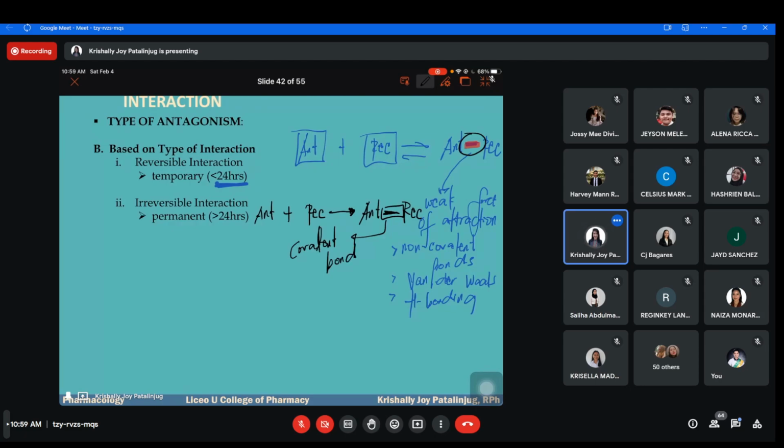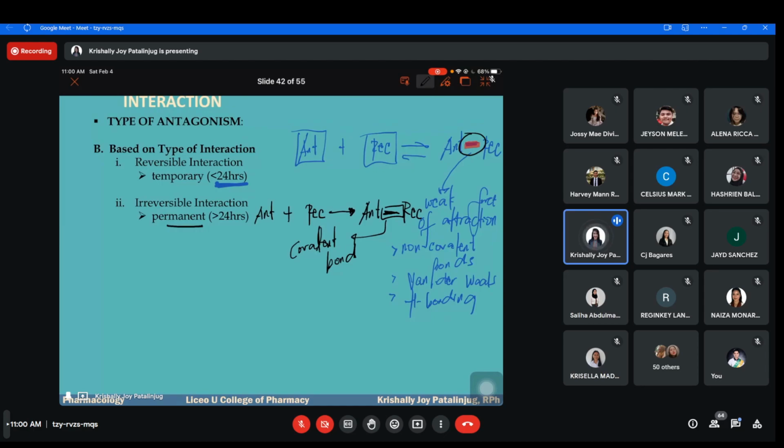Okay, so meaning to say, irreversible interaction if the antagonist is covalently bonded to the receptor. Kapag covalent bond yung nagko-connect, then somehow longer yung interaction nila with each other. Kaya pwede nating masabing permanent yung effect. Permanent effect. Okay? Pero hindi siya permanent na forever ha. Syempre, di ba, ma-excrete man yun na ang gamot. Permanent effect as long as bounded dira si antagonist sa receptor. Okay? So it will last more than 24 hours.